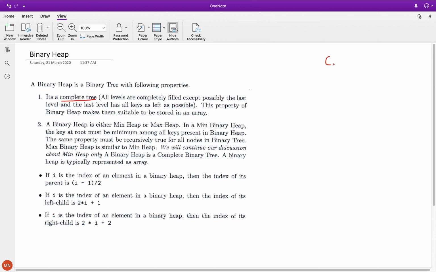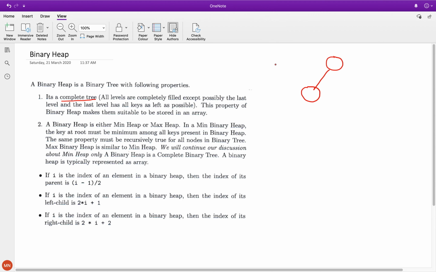Suppose that I have only one node. So this one node actually preserve the property of a binary heap because this level is actually filled. Now suppose that if I insert another node, then we can see that we have two levels and the last level is level 1.